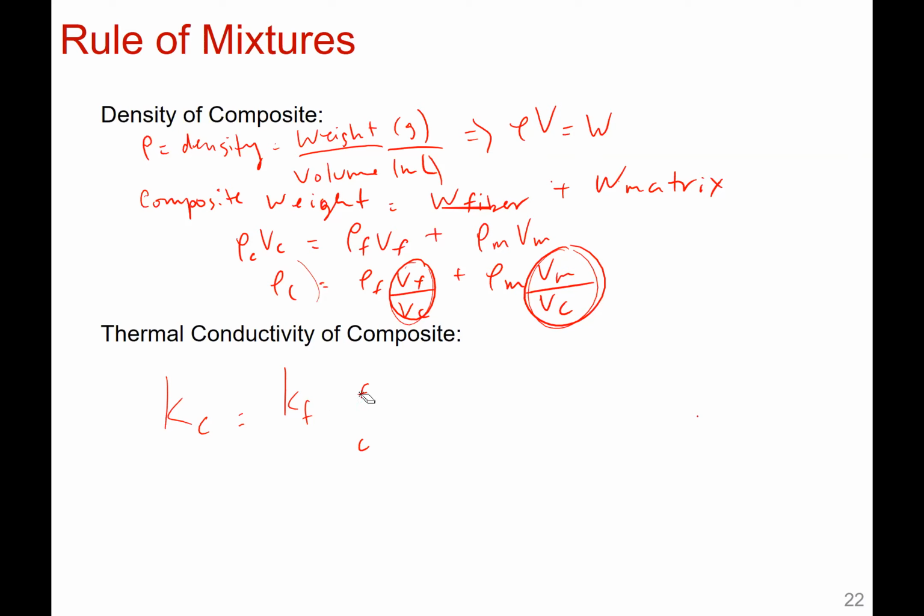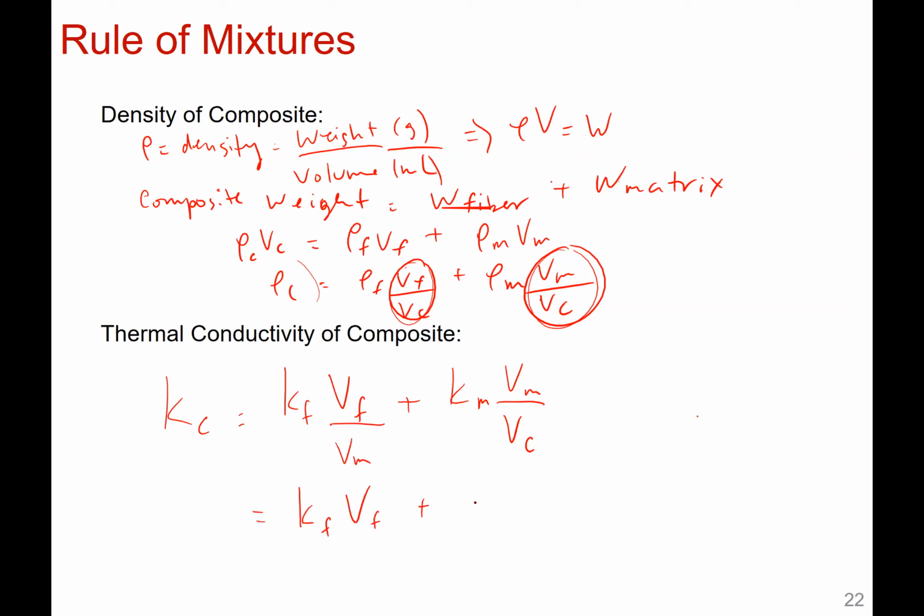Sometimes what you'll also see is this, an indication that it is the volume fraction of the fiber in the composite, plus the thermal conductivity of the matrix times its volume fraction.